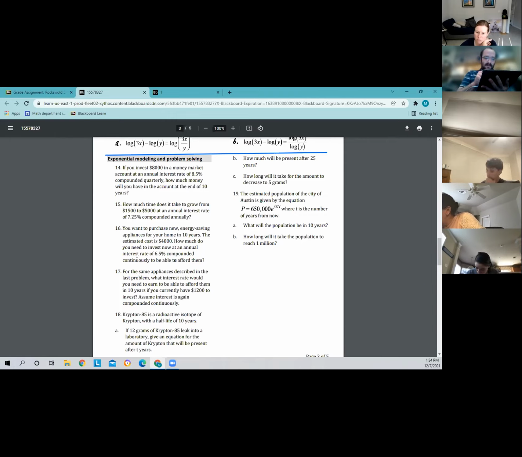The other one, you said 19? This gives us a population. T is the number of years, P is the population. What will the population be in 10 years? So what do we do for this one?